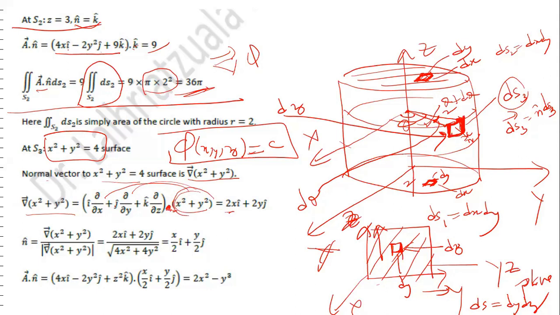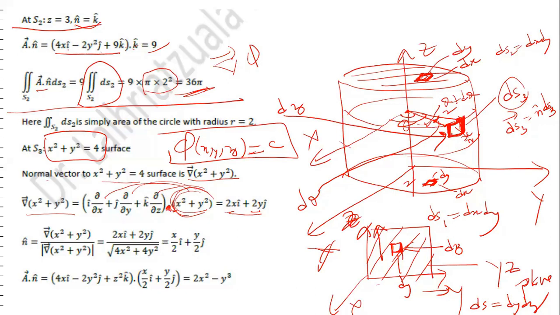So 2y into j cap, the second term. Now if you differentiate with respect to z, differentiation of x with z is 0, y with z is 0, because x, y and z are independent coordinates. If you differentiate one coordinate variable with another, they are independent. So it is 0, right? So this is the vector.